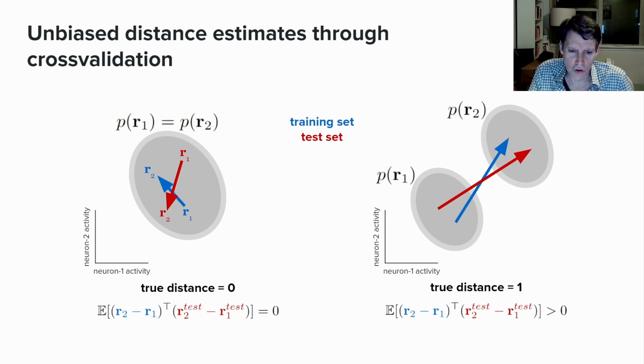So this shows that we get unbiasedness for the case that the true distance is 0. It doesn't show that the estimator will also be unbiased for positive distances. So that's a separate issue, but I hope it gives some intuition about how this bias removal through cross-validation works.